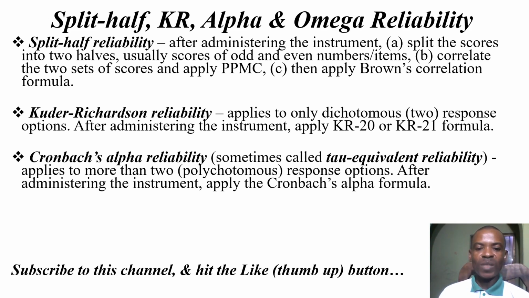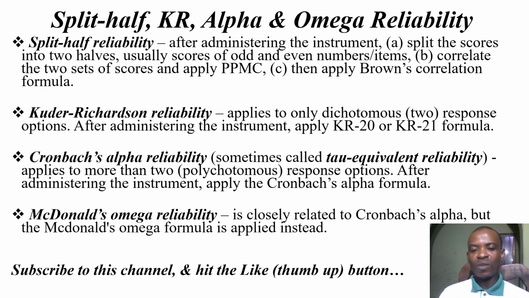After you have administered the instrument, apply Cronbach's alpha formula. Like I said earlier, it can be done manually or with the use of statistical software such as SPSS or even Stata. Another add-on to SPSS has been developed where you can do this, which is Andrew Hayes' macro, which can be used to do such a calculation.